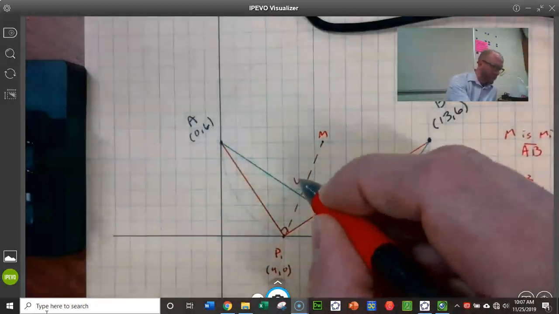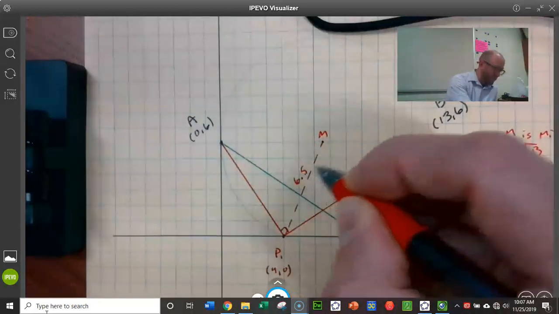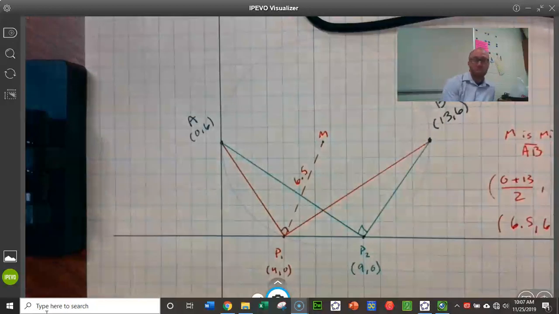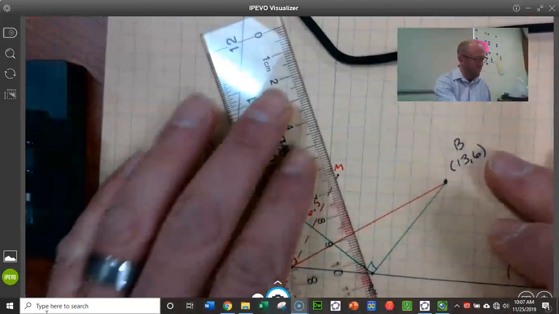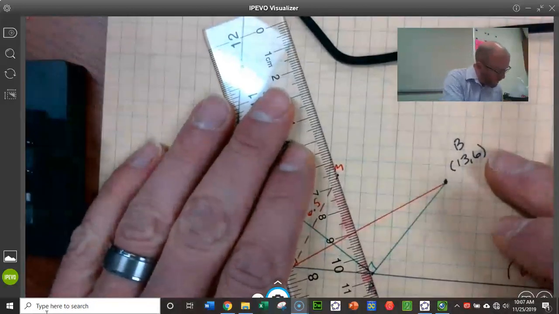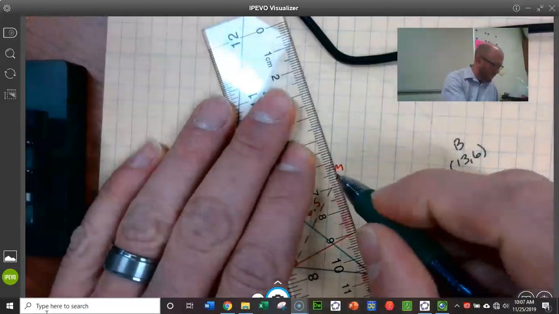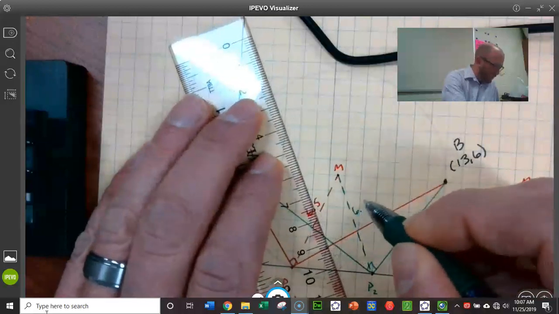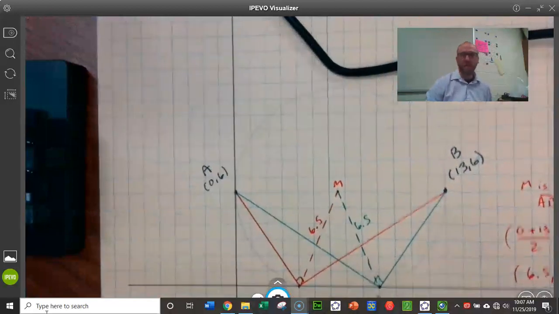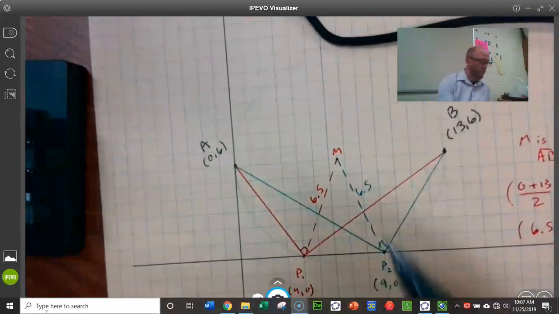The radius is 6.5 units. Okay, and over here for the green one, it's the same deal. That's also 6.5 units because that's the radius of the circle.